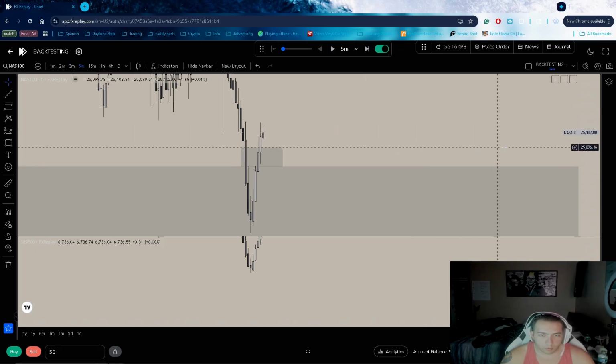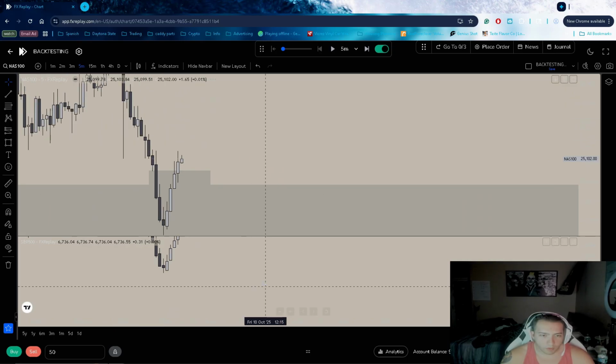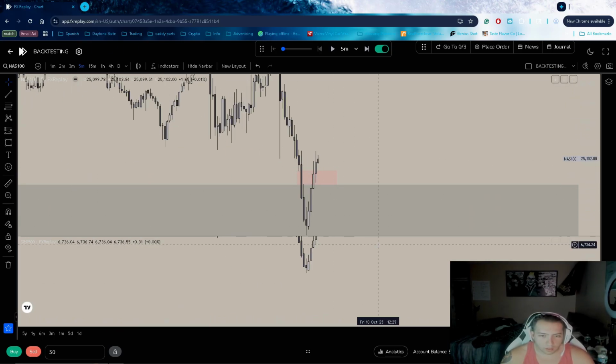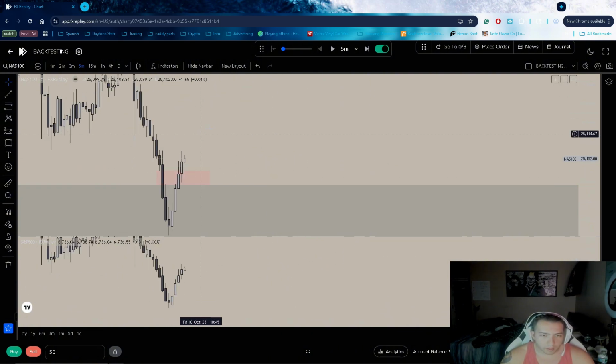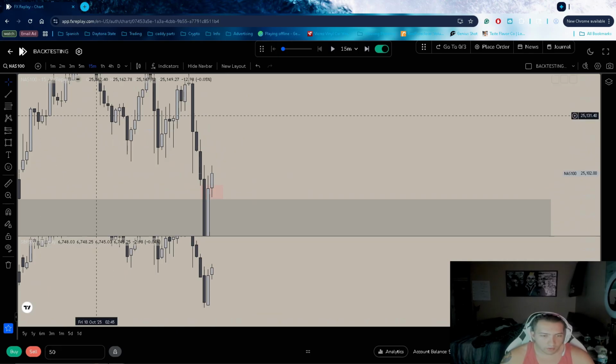Looks like price wants to flip to being bullish. That's a shame. Okay. So there is a solid 5 minute setup, right? This inversion.